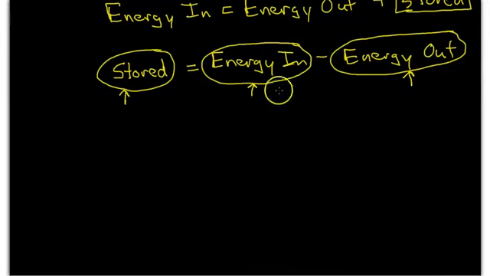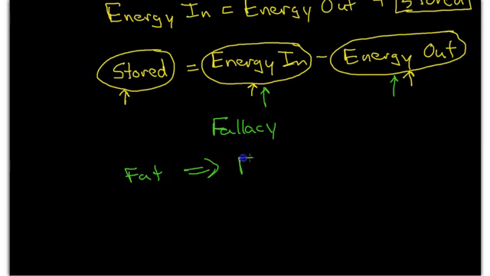Now, a lot of people make the assumption that we have conscious control over all aspects of the energy we take in and the energy that we use. So we make a common fallacy, which basically states that the amount of fat that we have is a function solely of eating and exercising, right?